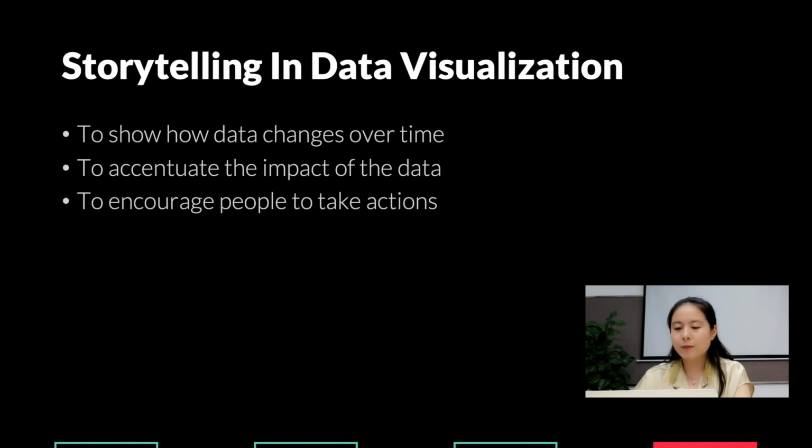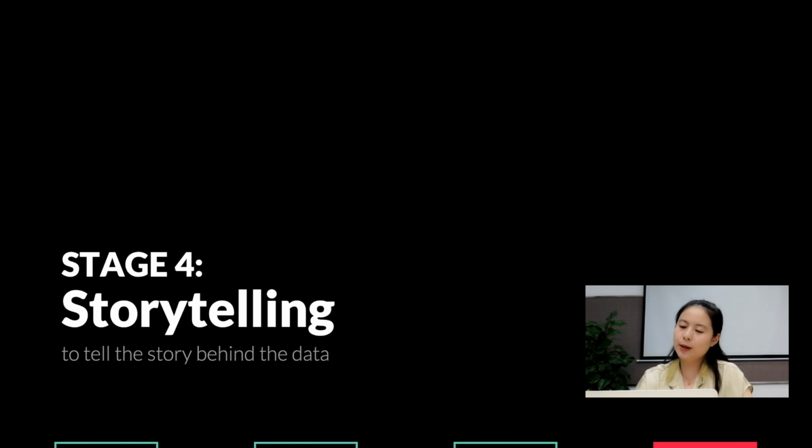It's not just for decoration, but by accentuating the impact of data, you can let people learn the story, feel the shock, and hopefully take actions for the change, for the better after seeing the charts you make. And that's what we wish to do with providing powerful yet easy to use storytelling functions at this stage.